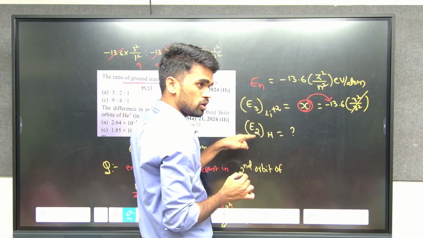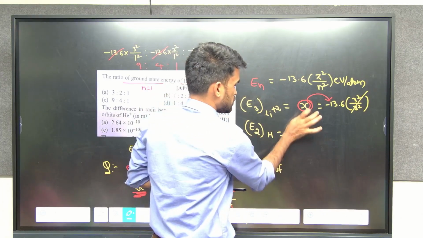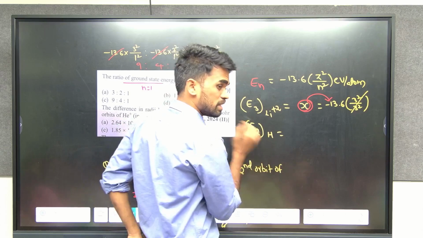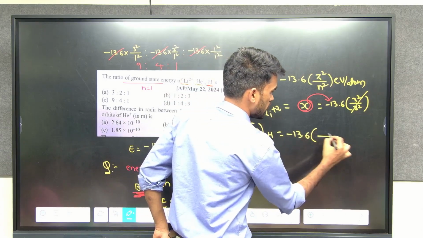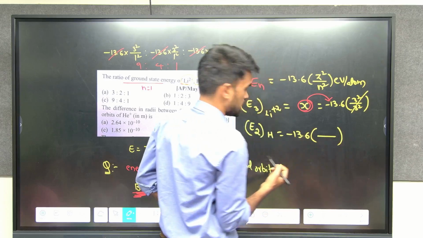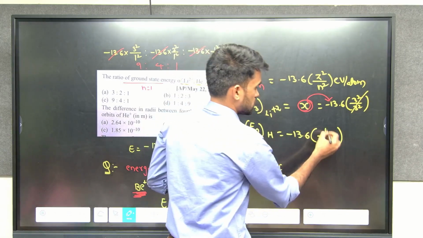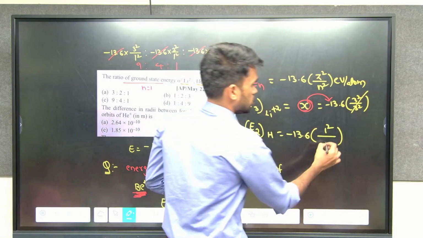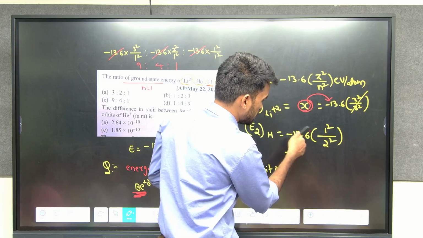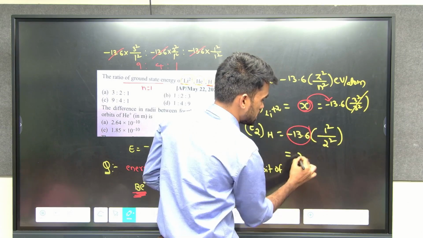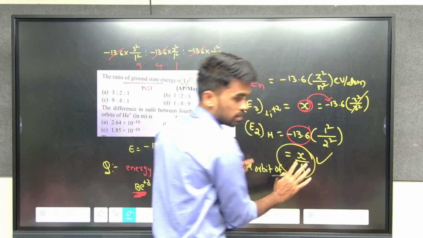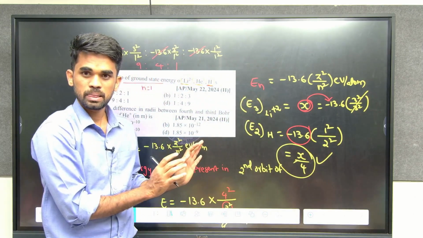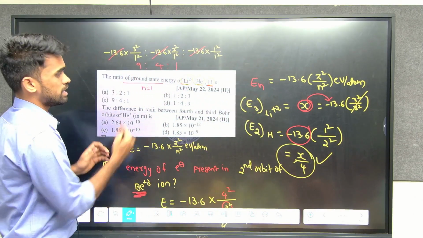For the energy in the second orbit of hydrogen, it is also minus 13.6 Z square by n square. Z is 1, so 1 square by 2 square. So the answer comes as x by 4. Very basic. So that is done.